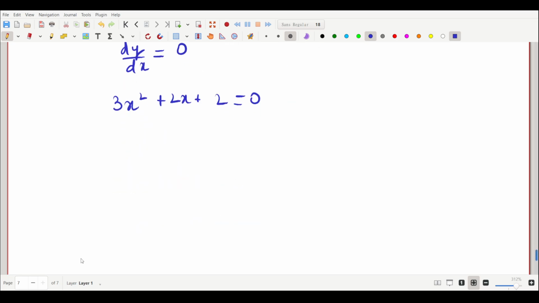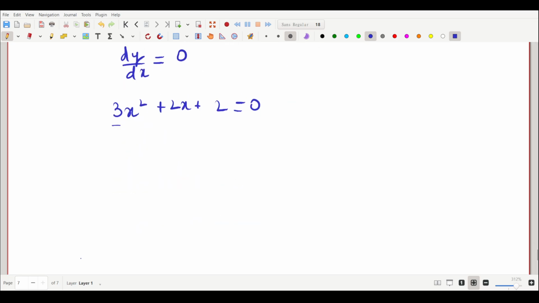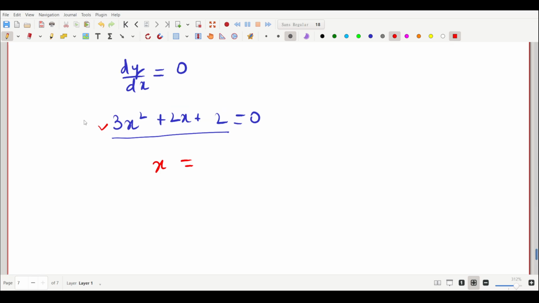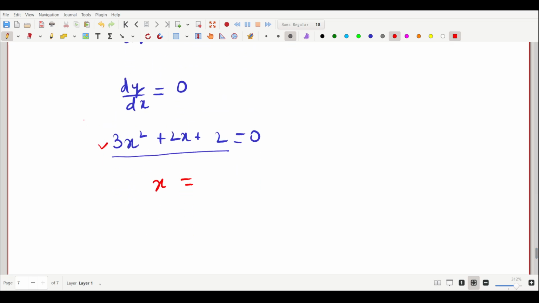When you have done this, you have to factorize this quadratic equation. The factors of this equation will be what? It's not possible to solve, but hypothetically you have solved the values of x. This equation is not solvable because I have assumed a hypothetical question, but you will always have a solvable expression.